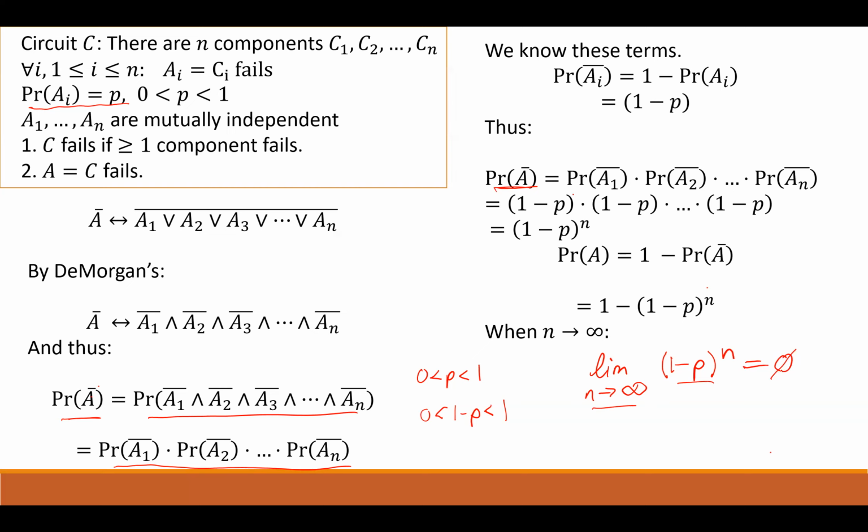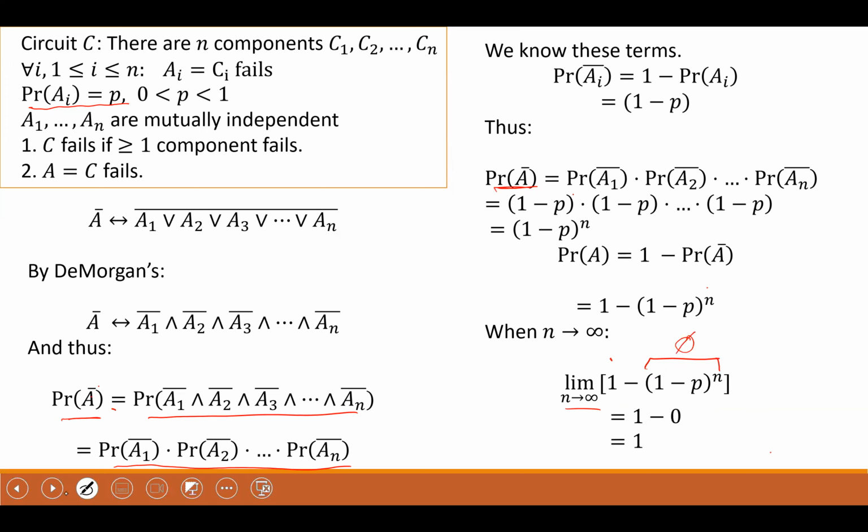Of course, we can never reach infinity, but this tells us something. Let's go back to our original expression first. The limit as n goes to infinity of 1 minus (1 minus p) to the power n: this part goes to 0, so I get 1 minus 0, or 1.